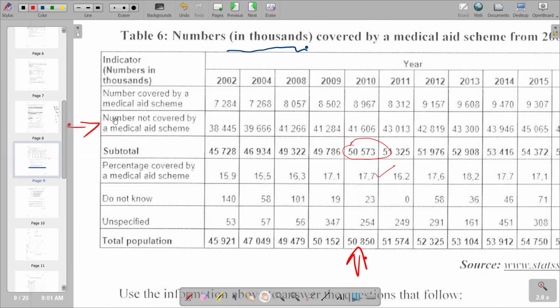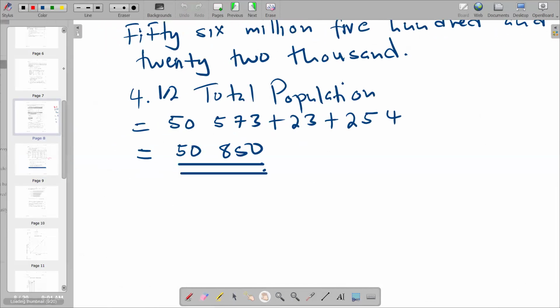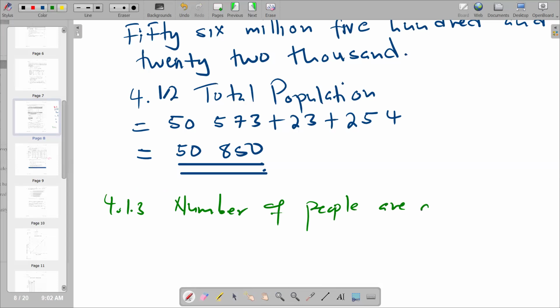So on our description, here we are going to just say, corporate 1.3, by saying the number of people is gradually increasing as the years increase.